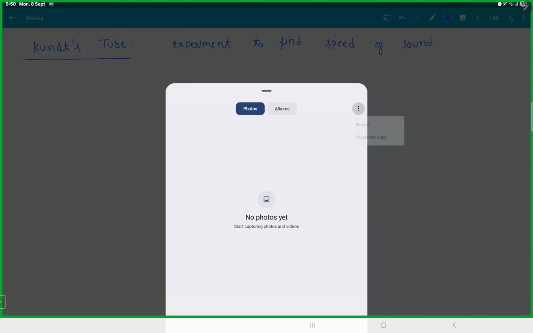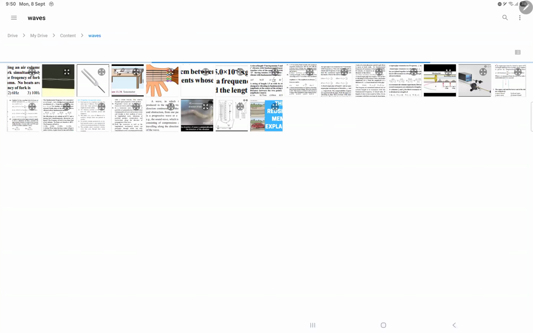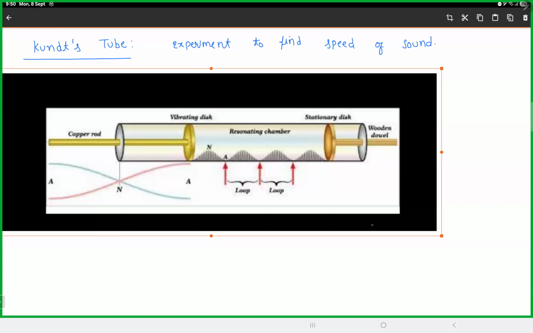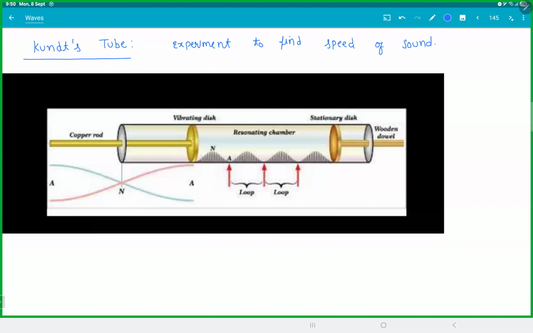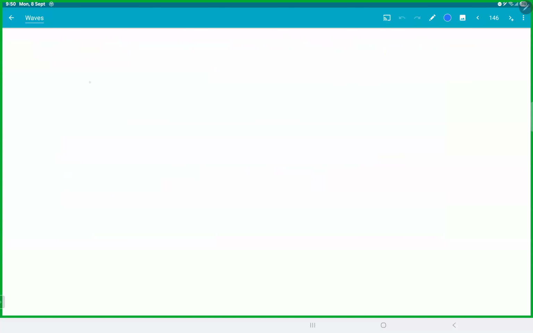This would be the schematic. So what is this setup? I'll give you a rough picture. You take a cylinder.